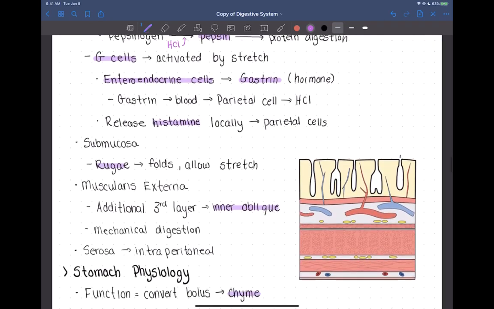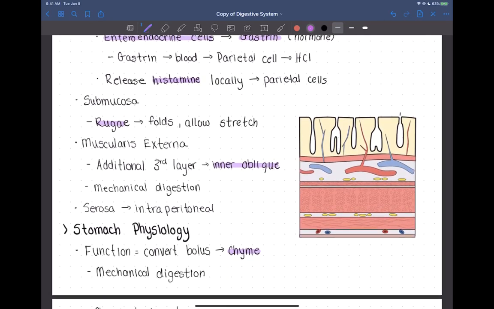With the submucosa of the stomach, there are folds of the submucosa. If you imagine, this is just in a big fold, and then the submucosa down here is in a big fold as well. That is called rugae.